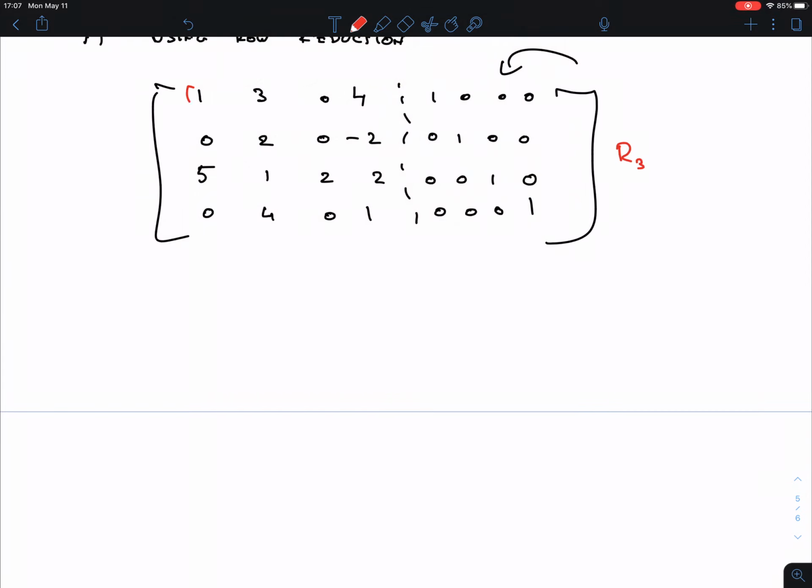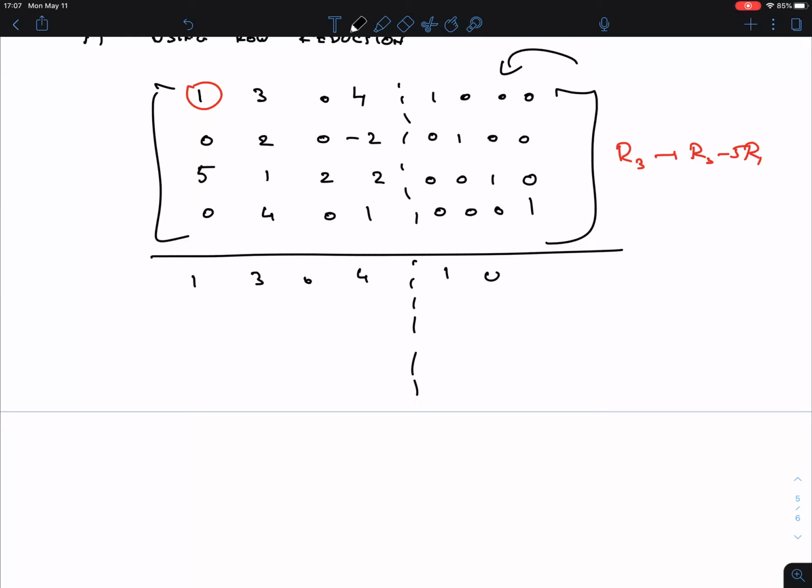So first we have this pivot already, so row 3 is row 3 minus 5 times row 1. So we get 1, 3, 0, 4, 1, 0, 0, 0, 0, 2, 0, negative 2, 0, 1, 0, 0. And so negative 5 and I add up, so this is 0.